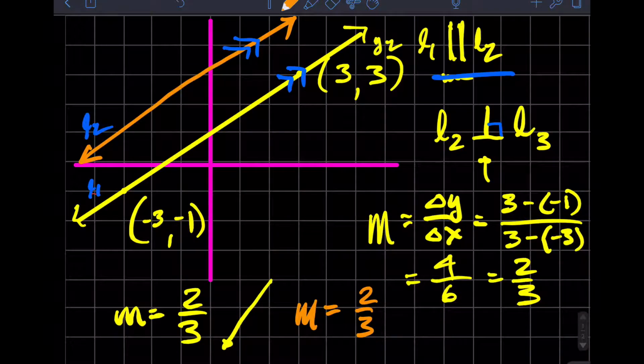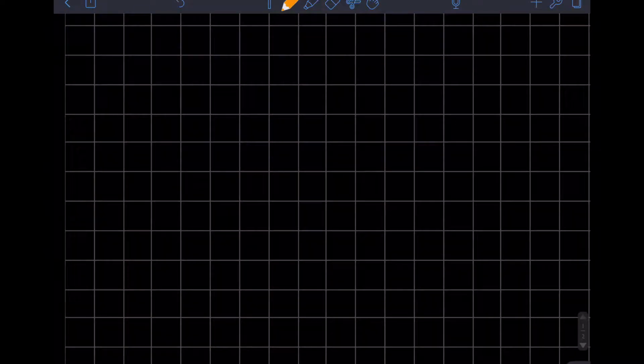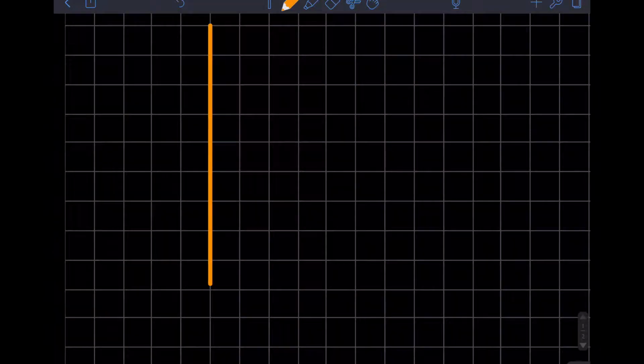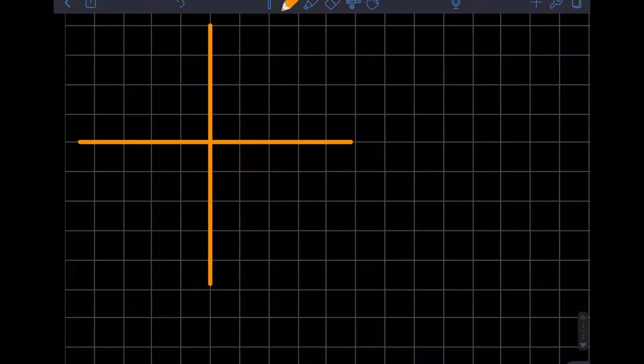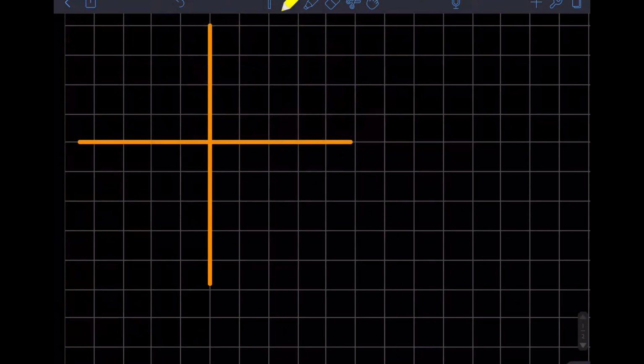And that's fairly obvious to folks when that's the case. But when we start talking about perpendicular lines, it's not always obvious why two lines that are perpendicular to each other have slopes that are opposite reciprocals, or what I say, negative inverses of each other.